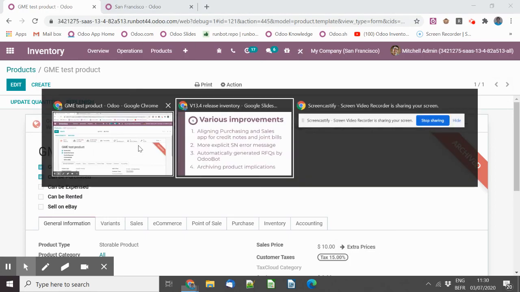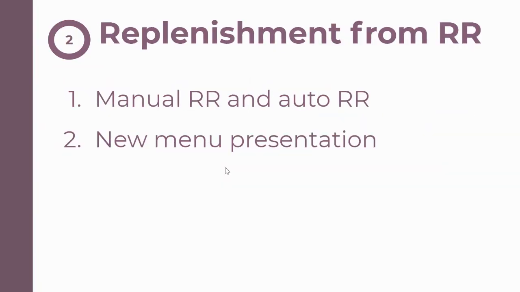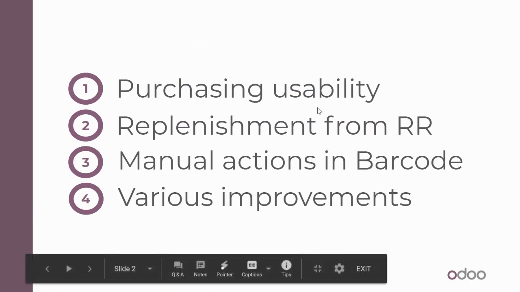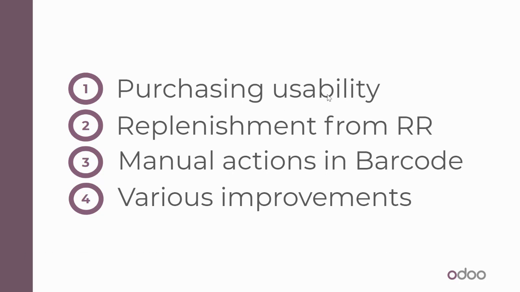So before leaving you, just to remind, we had three main improvements here. One is purchasing usability related to the RFQs, new KPIs, new list view, new possibility to confirm a reception upfront by the supplier to make sure that the purchasing process is still under control.